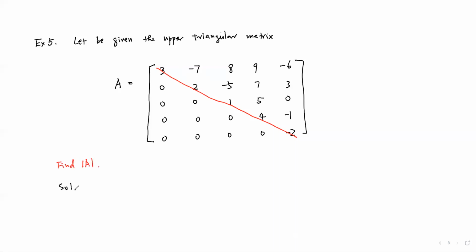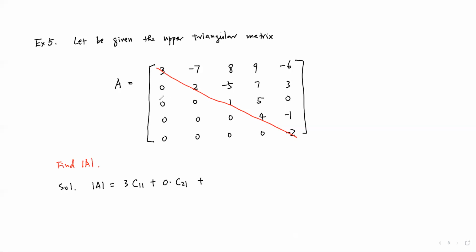Solution. To compute the determinant, to save work, I expand the determinant down the first column. First column: A11, number 3, times C11. Second entry, A21, 0 times C21 by formula.